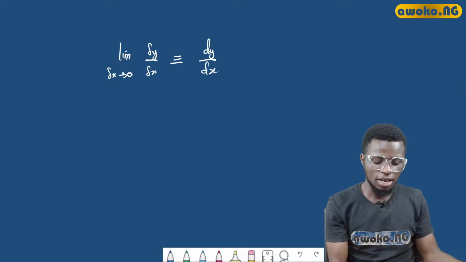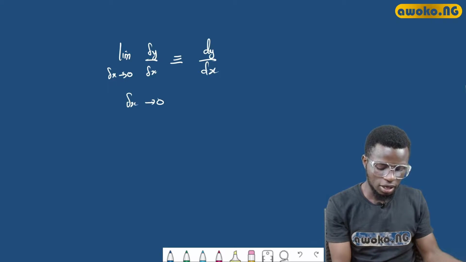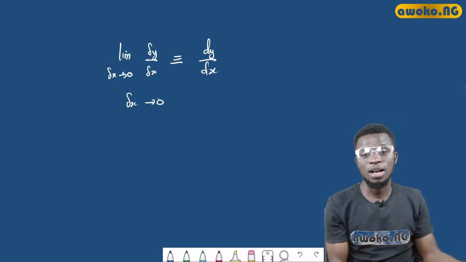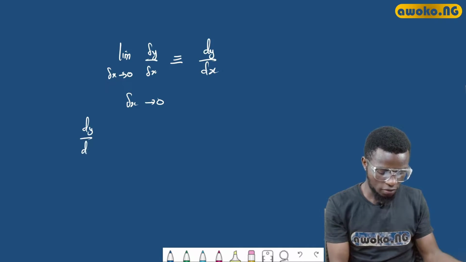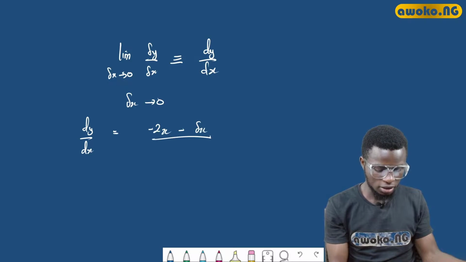And remember, I said as dx tends to 0, any other term that has dx on the right hand side will tend to 0 as well. So dy over dx will be equal to minus 2x minus dx all over x² into (x plus dx)².